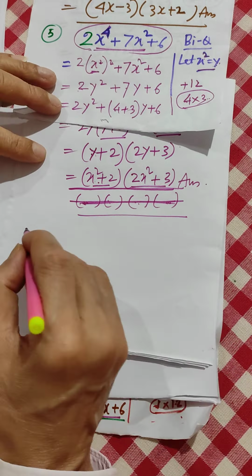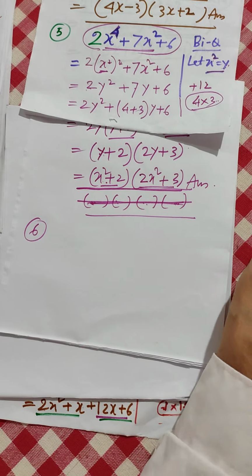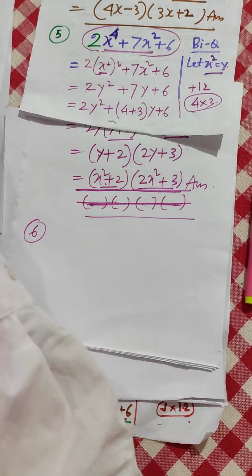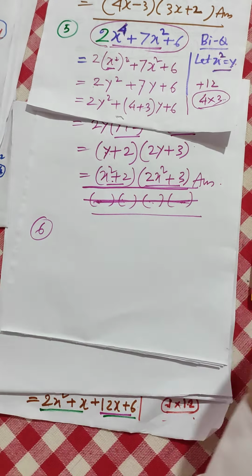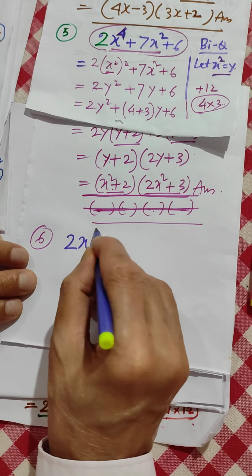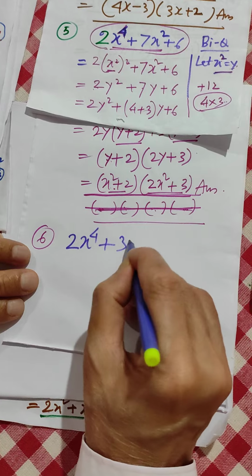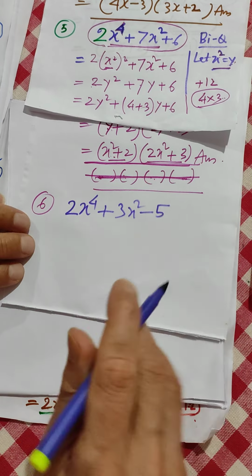All right. Now next one. 2x to the power 4 plus 3x square minus 5. Okay.